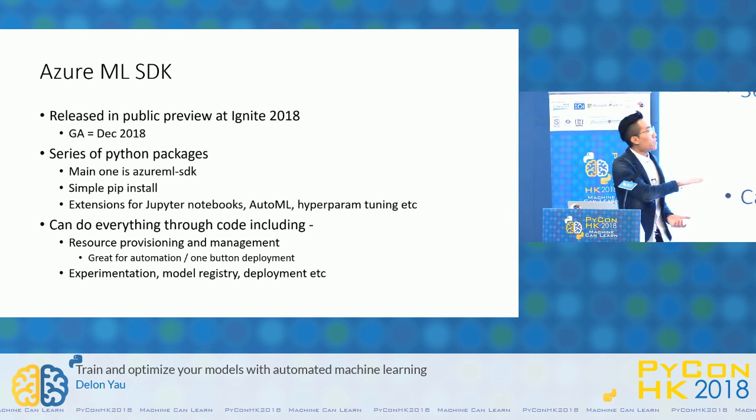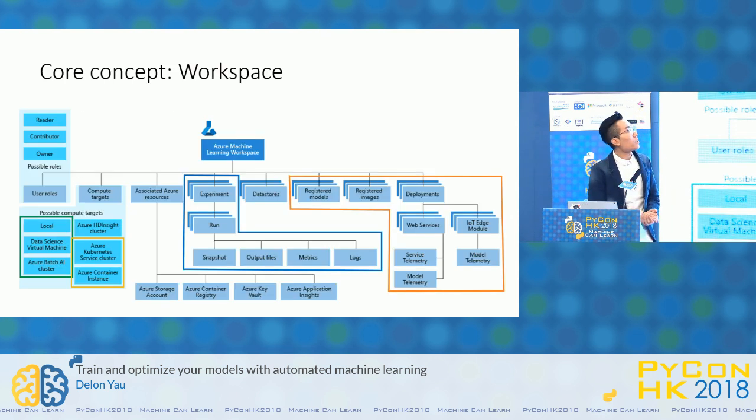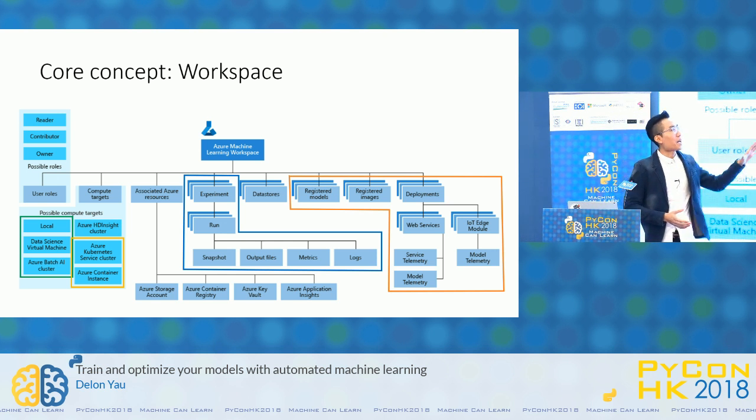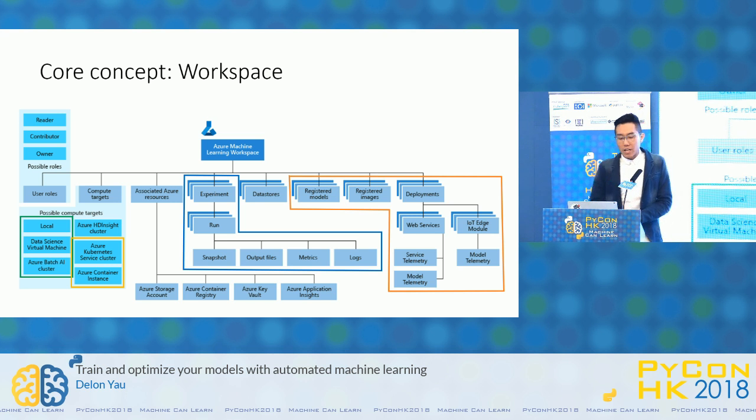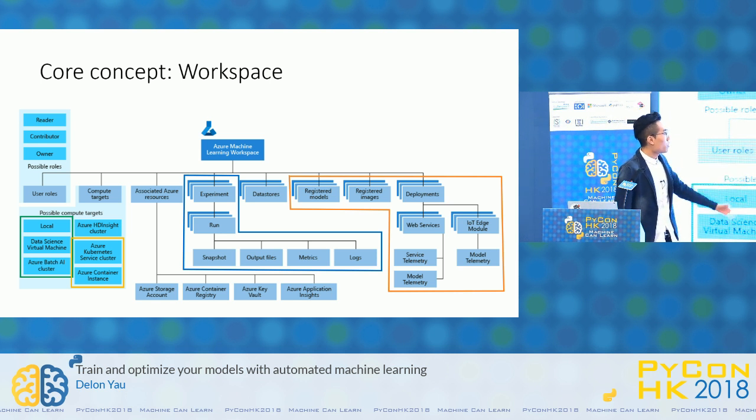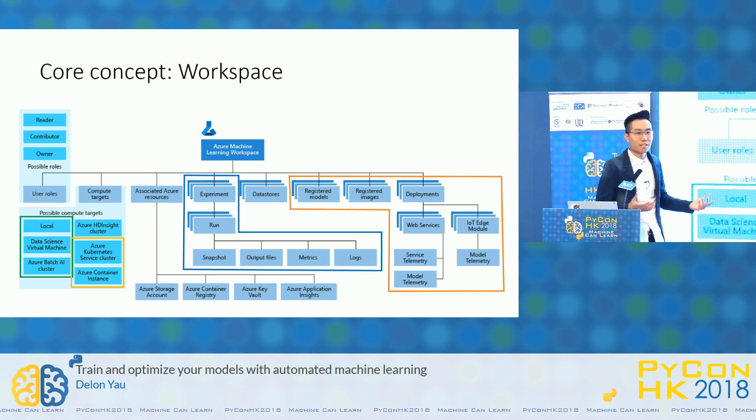The second part is the ML workspace. Basically, you can work on this workspace through our Azure portal with ease, and we list out all the applications here, what you can do with it. For example, as I've mentioned, you can choose whatever compute targets, say an HDInsight cluster.